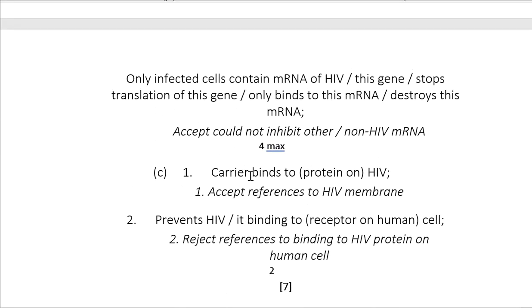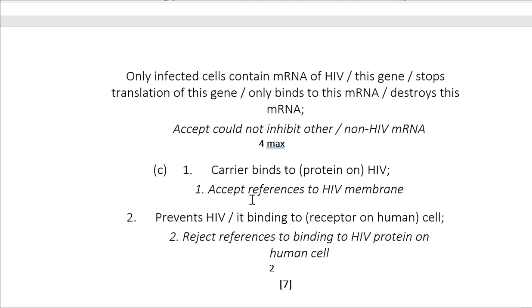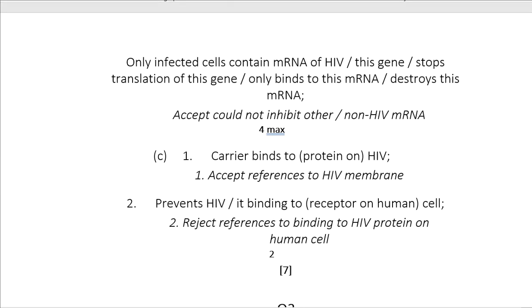So the carrier molecule binds to the protein on the APC cell.